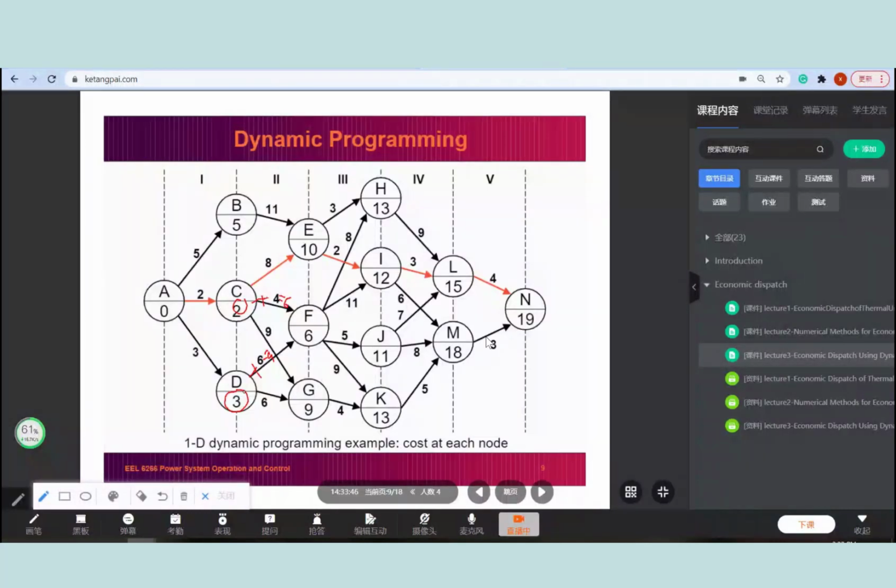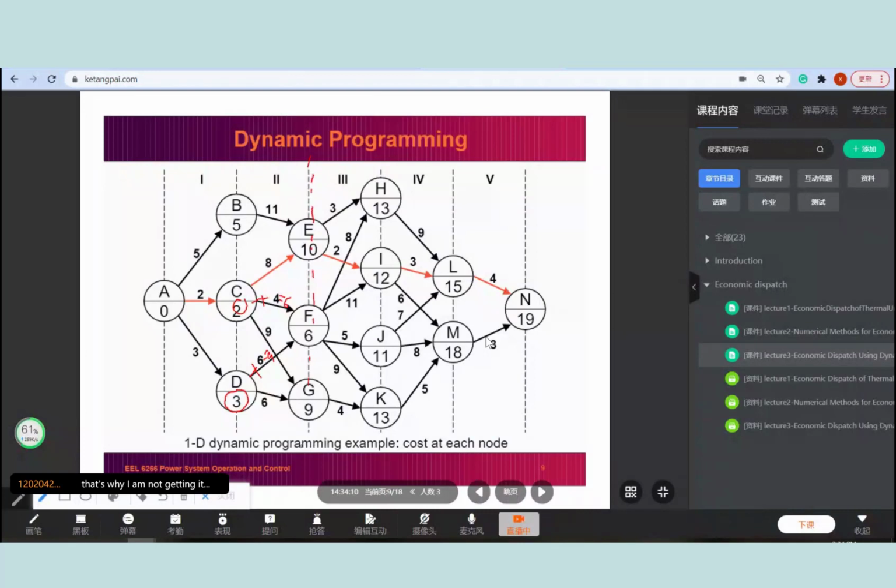For G, we have a solution ADG. So for this stage, we already know that traveling from A to E, the best solution is 10. A to F, the best solution is 6. A to G, the best solution is 9. So that means we have already arrived at this stage.